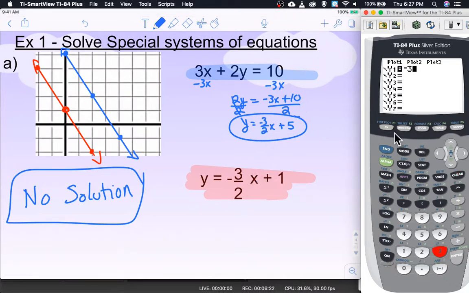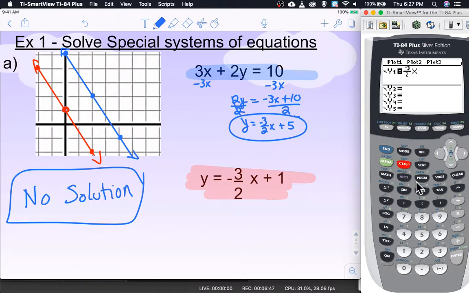Negative 3 over 2. And then, by the way, there is a fraction button. If you hit alpha y equals, this little menu comes up. So this first one here is a fraction. So I can hit negative 3, over 2, and get out of the fraction, x.